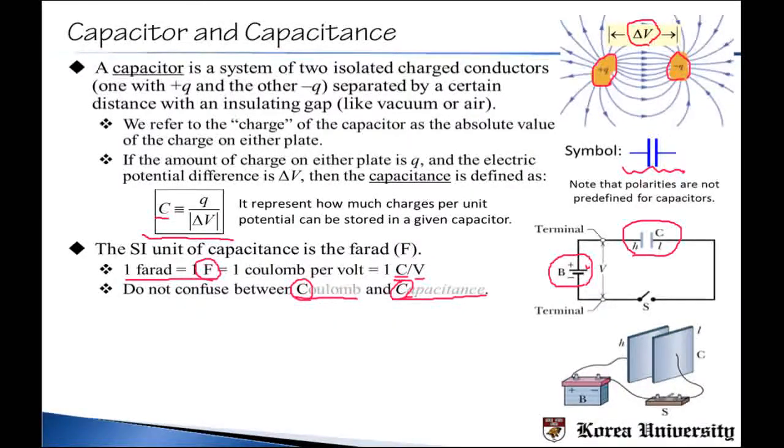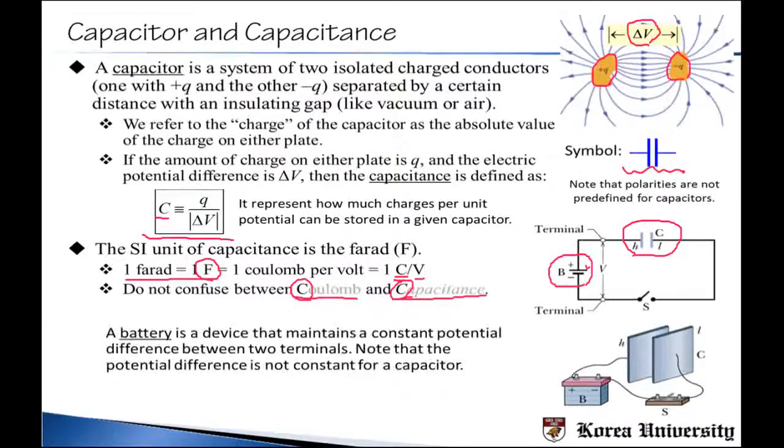So how is a battery different from a capacitor? Can you tell? In fact, the role of a battery is maintaining a constant potential difference. Once you have a battery of 1.5 volt, it will be 1.5 volt until it dies. That is the role of the battery. But for the capacitor, it is different.